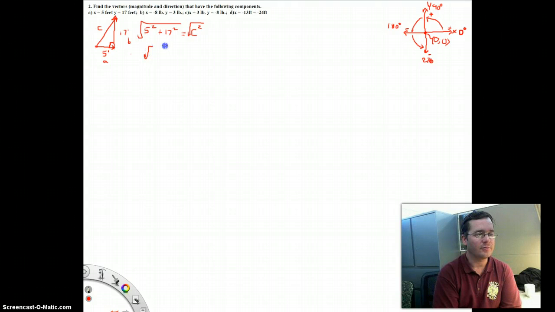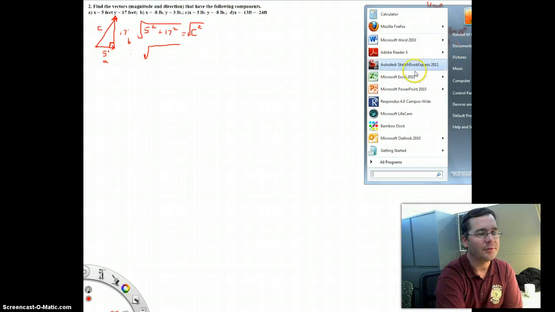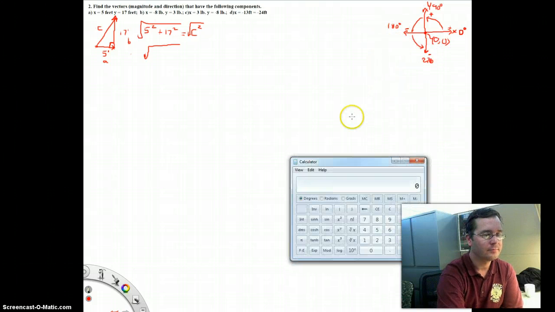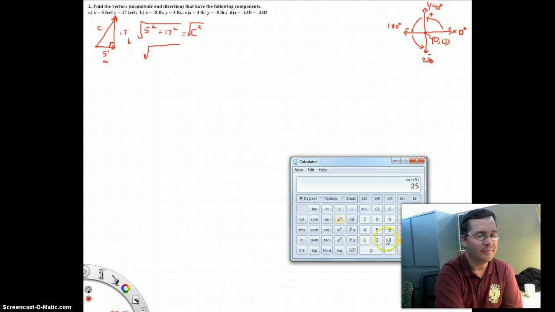It's going to be the square root of, and then let's use the calculator to figure out the number. So 5 squared, that's 25. 17 squared is going to be just short of 300. That's 289. If we add the two of them together, we get 314.